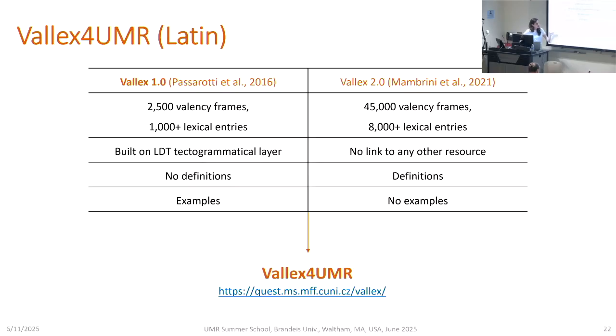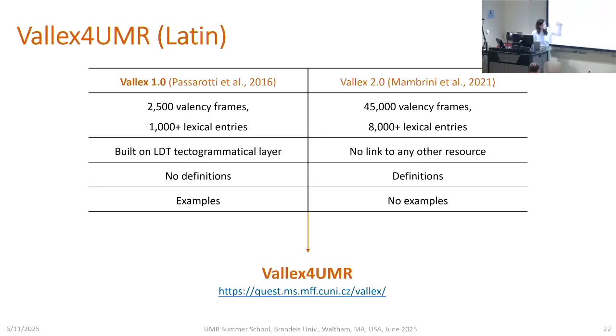On the other hand, we have the second valency lexicon for Latin, which is much bigger. It contains definitions, but there are no examples, which is also a problem for the same reason as before. And it is not linked to any other resource, for example the LDT. So what we had to do, in order to have a lexical resource that can be used for UMR annotation, was a merging operation.